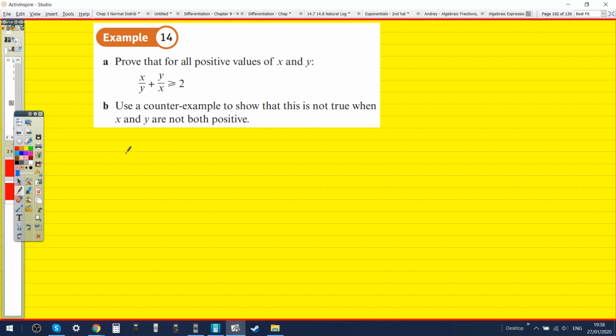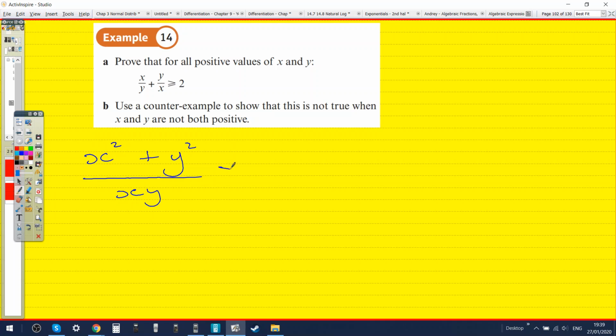So they need to have the same denominator, don't they? So do I have to times the left fraction by x and the right fraction by y? And so that will give x squared over xy plus y squared over xy.